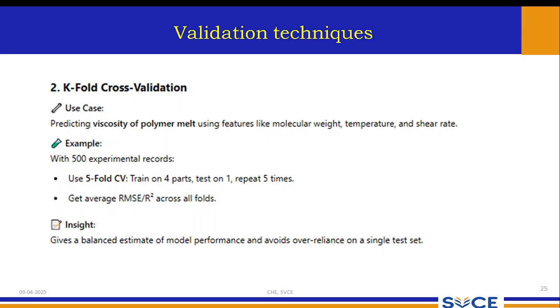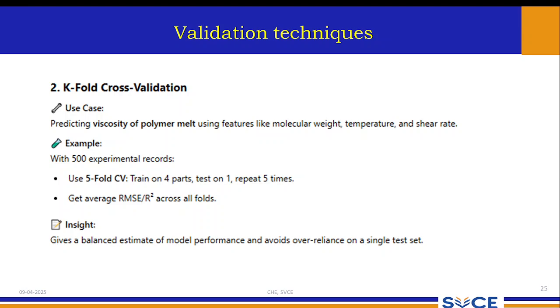Dividing the 500 records into 5 parts of 100 each: the first 100 is used for testing and the remaining 4 parts for training. The second part is used for testing and the remaining 4 parts for training. The third part is used for testing and the remaining parts for training. Similarly, we do it 5 times. That's what they mean here.